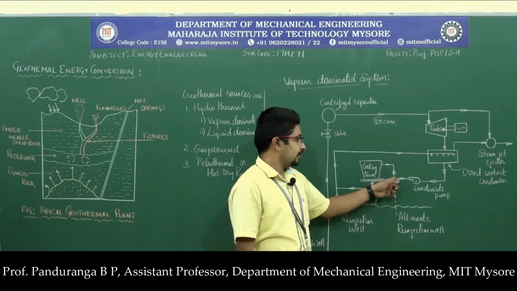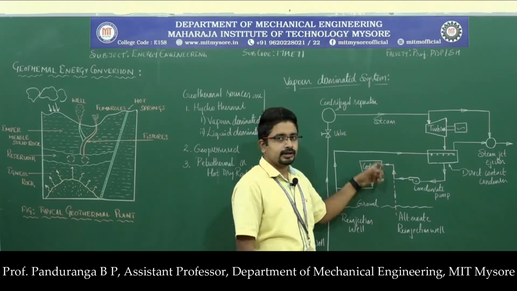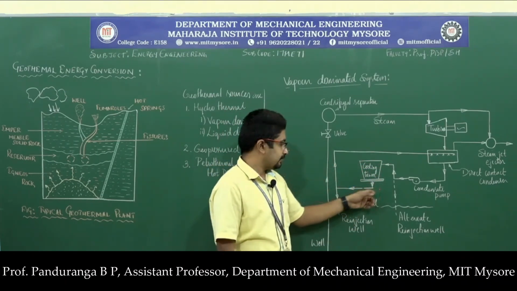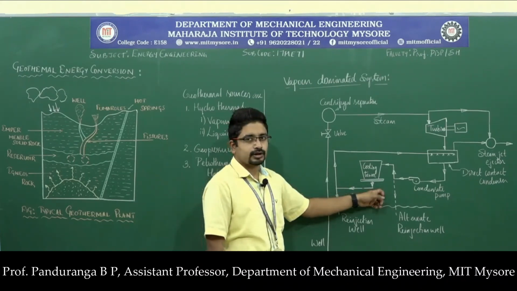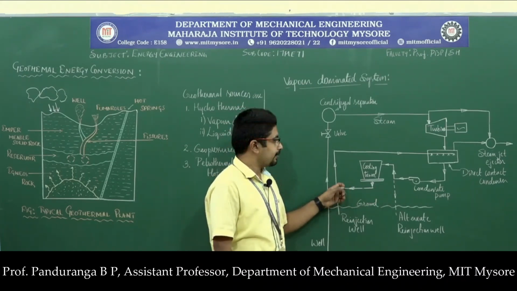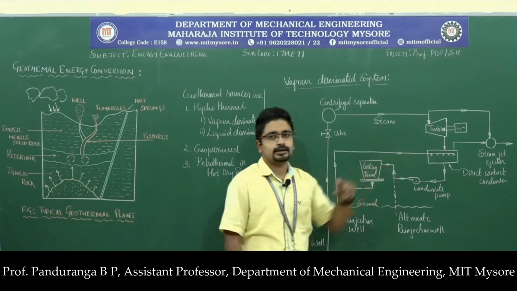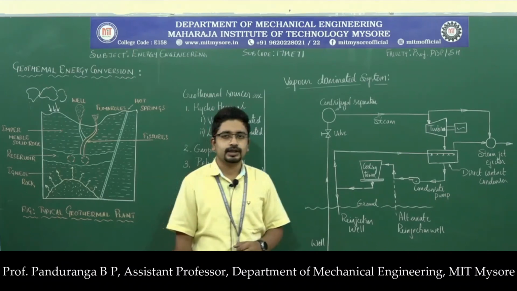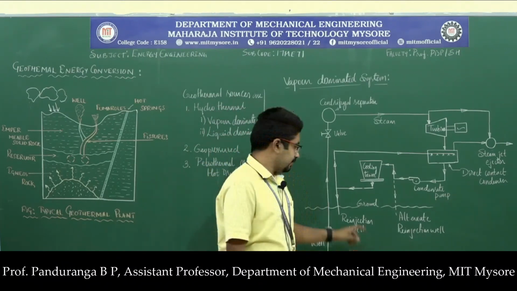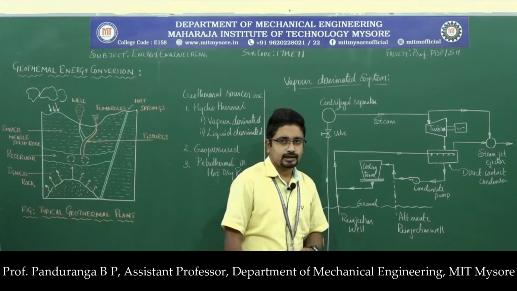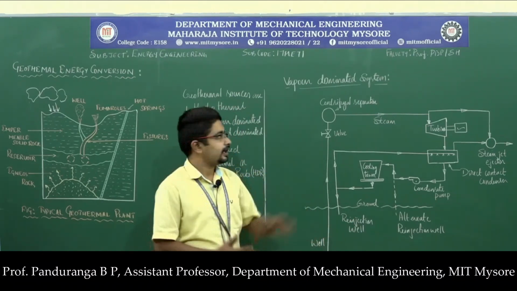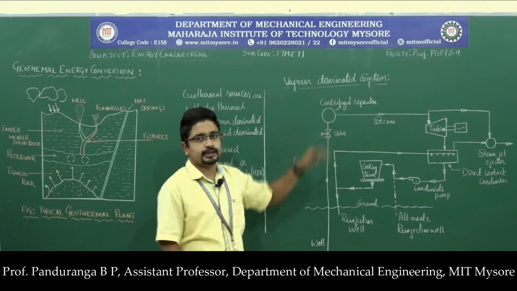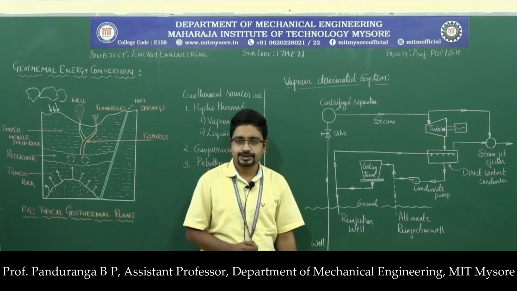Whatever water enters the cooling tower gets cooled as it passes through, and the cooled water will be taken out, and a part of that will be sent back to the condenser to act as cooling water, and the remaining is re-injected into the geothermal source with the help of a re-injection well. So this is the working of a vapor dominated geothermal energy conversion system.